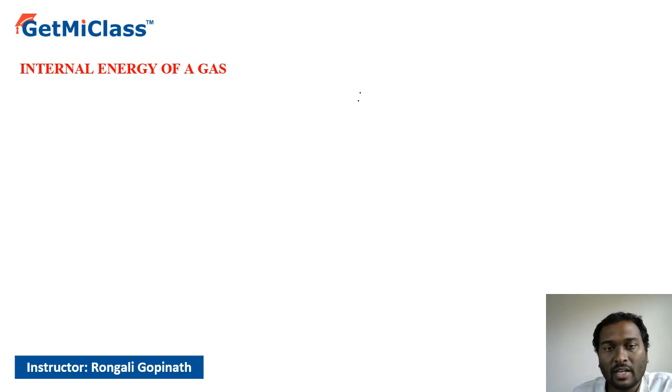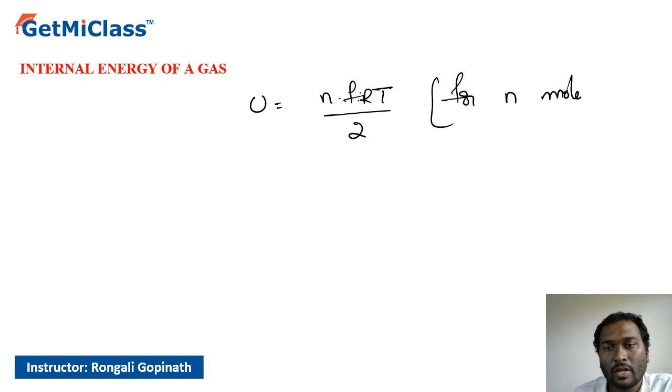So we can define the internal energy of a gas, which is represented with U, as nf by 2 times RT. For n moles of a gas, the total internal energy is nfRT by 2.